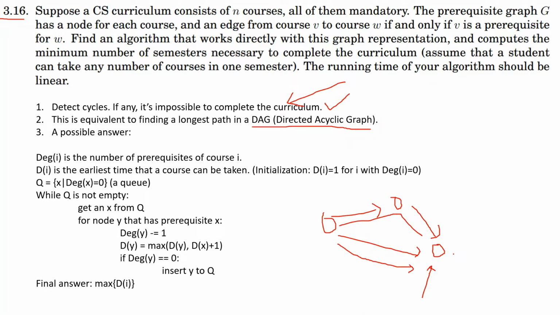But this course should be taken in third semester, because this course should be taken in the first semester. This one in the second, and this one has to wait until third. So you need to consider the longest path in order to fulfill the requirement.